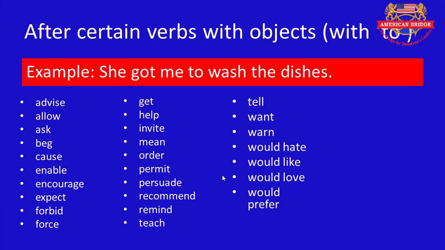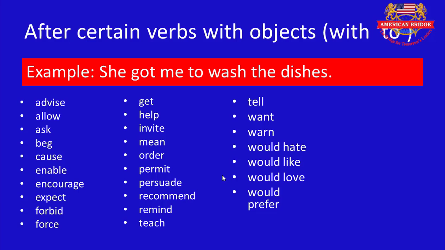After certain verbs with the object with to, you can see "she got me to wash the dish." Okay, you have to recognize that after certain verbs with an object, you have to use the object and then apply the to infinitive.